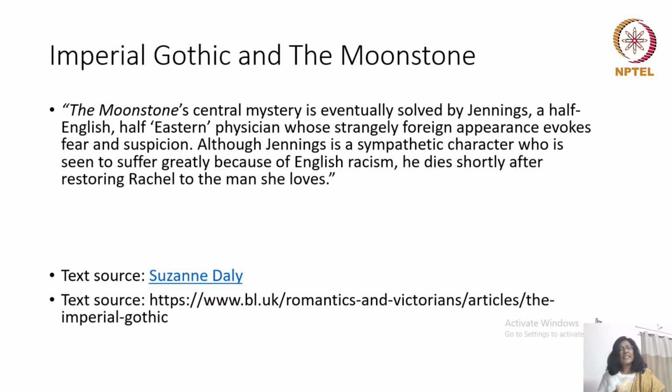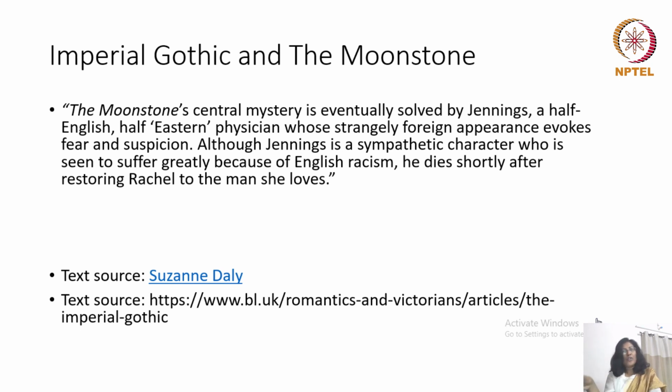So Jennings is a sympathetic character in Collins's narrative, and he does seem to suffer a lot because of English racism towards that mixed heritage. And it is strange that he dies soon after. Once he has restored Rachel to her lover, he seems to quit the stage.